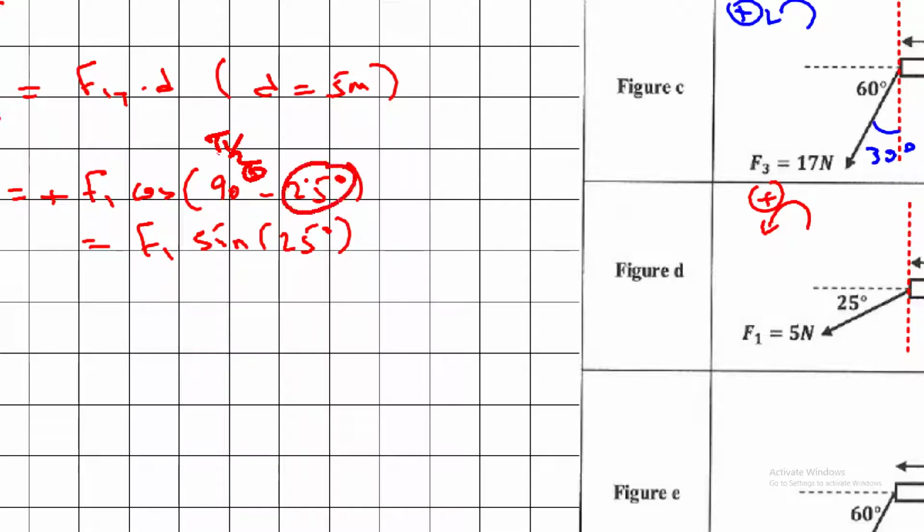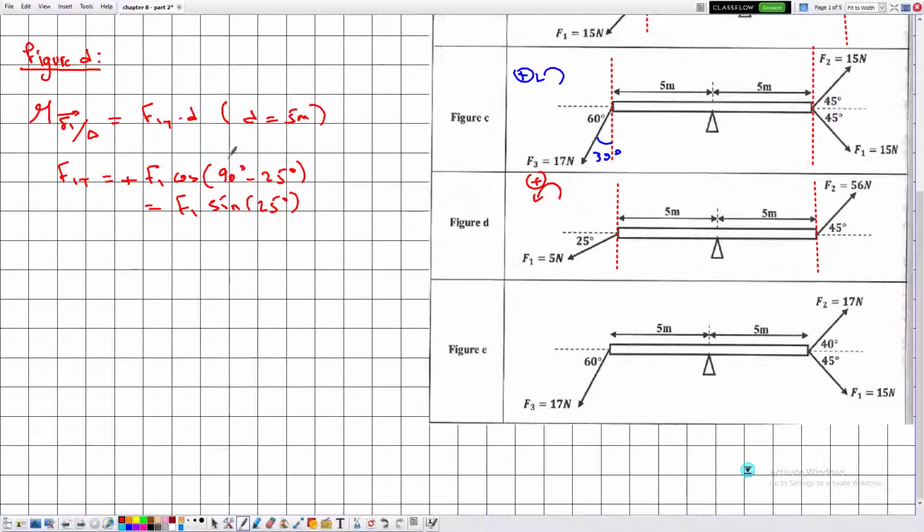If this were expressed in radians, then I would have placed this value in pi by 2. Now let me calculate sine 25. Here you need to make sure that your calculators are adjusted to degrees.